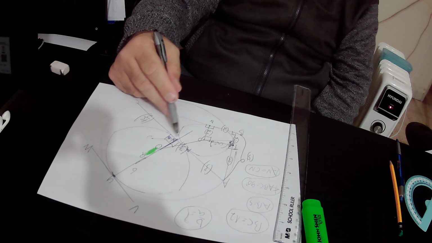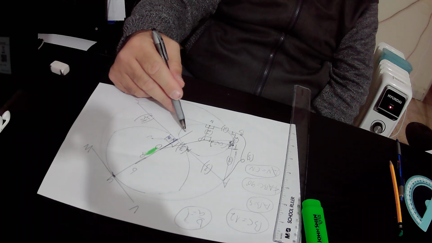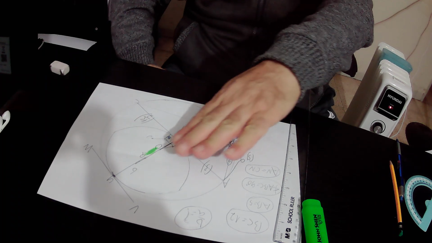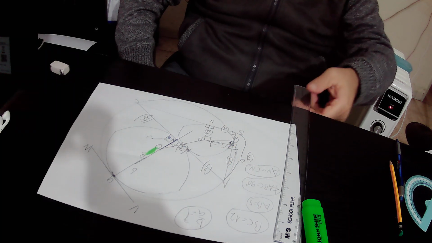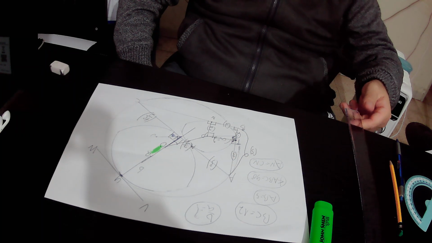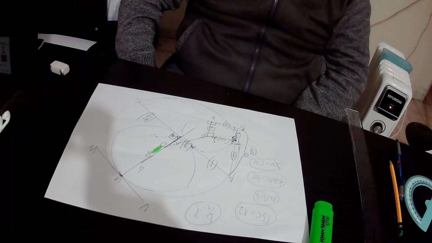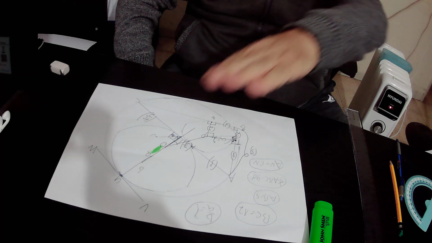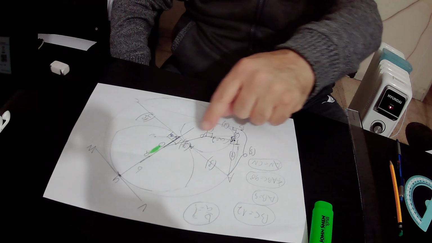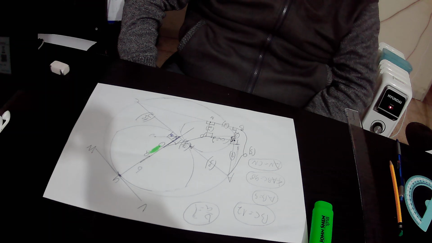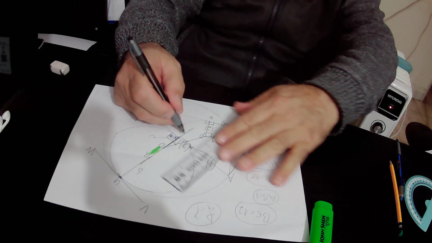Therefore the result must also be a straight line. If we focus on this side, at point N, the sum of the angles must be equal to 180 degrees, according to the rule that the sum of the angles on one side of a straight line is equal to 180 degrees. On this side of the straight line at point N, we have this angle equal to 90 degrees, plus the missing angle, and the total must equal 180 degrees, therefore the missing angle must be equal to 90 degrees.